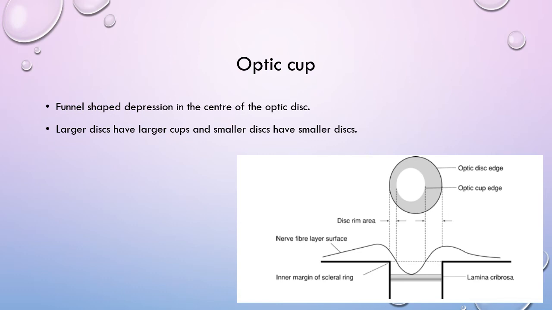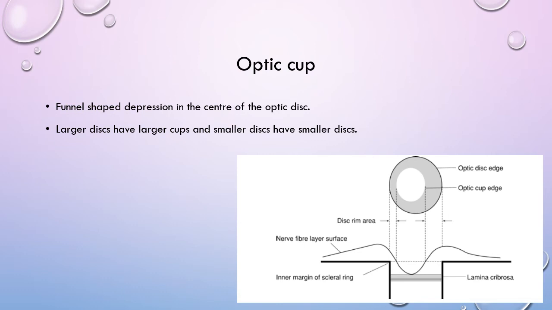For example, myopic eyes have large discs, and because of that large cup, this can be wrongly interpreted as a glaucomatous disc. Smaller discs have smaller cups. So hypermetropic discs are smaller and have a smaller cup, but because the cup is smaller, you may think that it is a non-glaucomatous disc. So that mistake can happen with the hypermetropic disc.